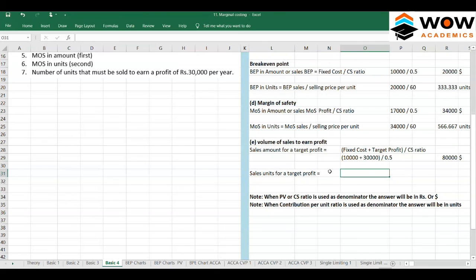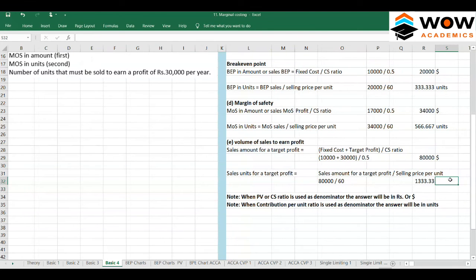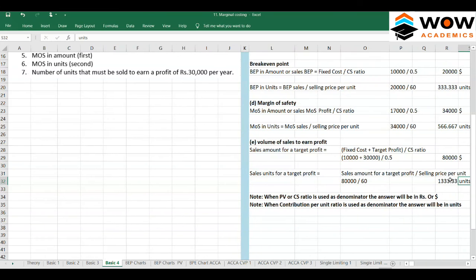The formula would be to get the sales amount divided again by selling price per unit. So you can take 80,000 divided by the selling price per unit, 60. So unit wise, they have to sell 133 units to achieve a profit of 30,000.